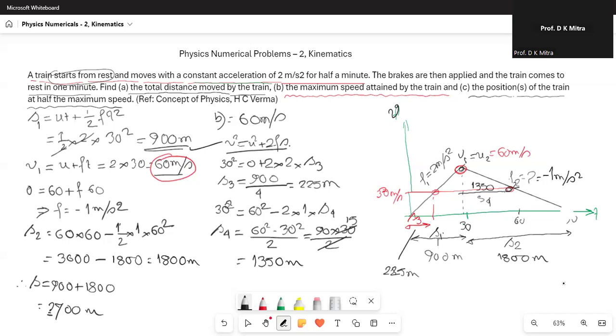So what does the question want? How far? We have to find this total distance.